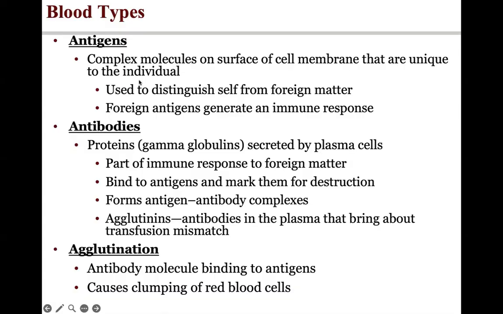We will talk about antigens and antibodies very soon; in the next slide, you'll understand it. But just remember, antigen and antibody binding together in the blood causes agglutination, which is clumping of the red blood cells, and basically lysis, or destruction, of the red blood cells.